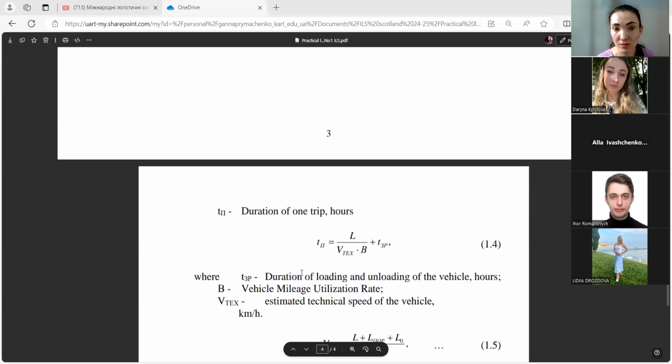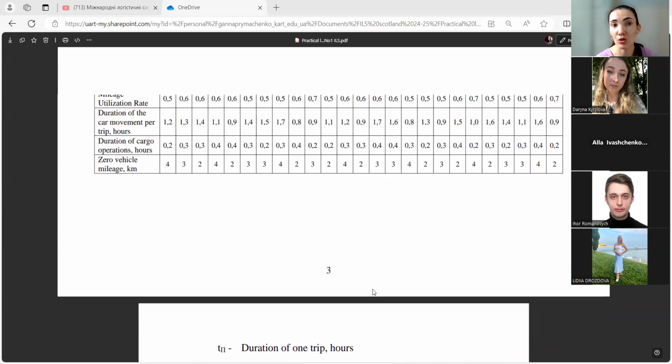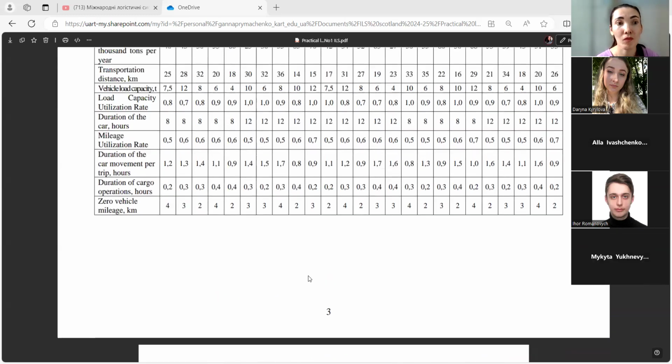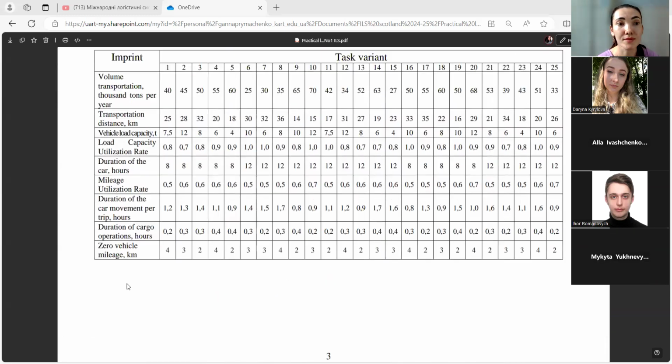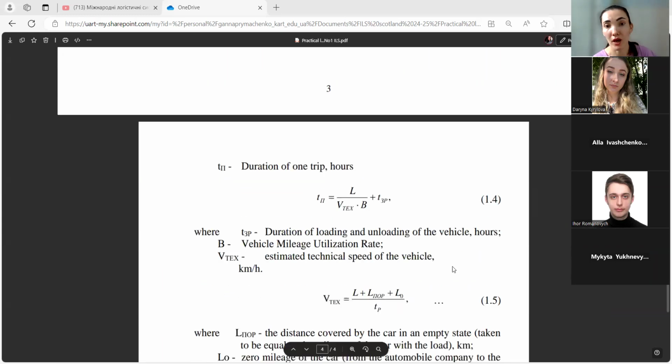Duration on one trip, loading and unloading. Maybe it is all time. Maybe it's cargo operation. No, it is all the time when the car can work in hours, because it is loading and unloading all the time.